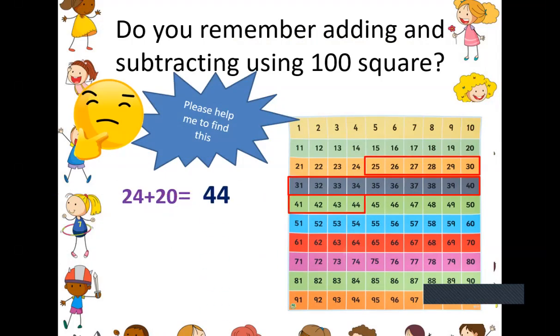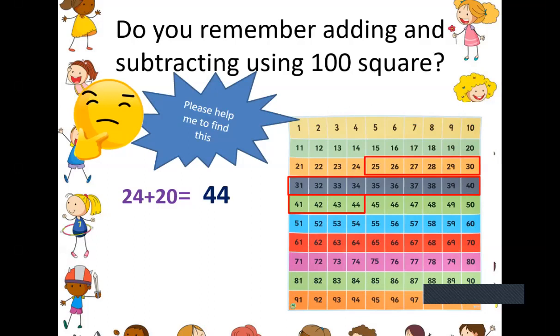You can count with me also, after 24, 20 numbers forward: 25, 26, 27, 28, 29, 30, 31, 32, 33, 34, 35, 36, 37, 38, 39, 40, 41, 42, 43, 44.